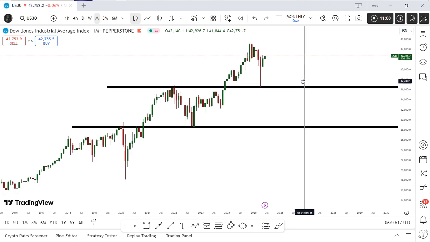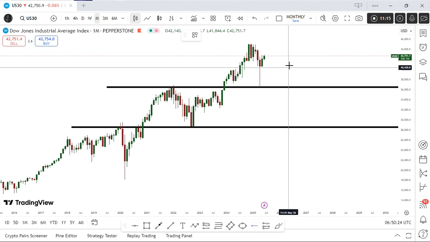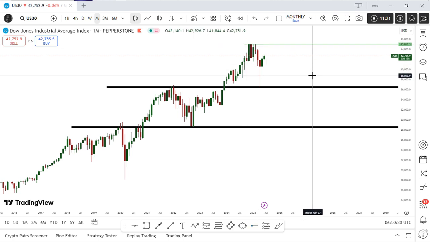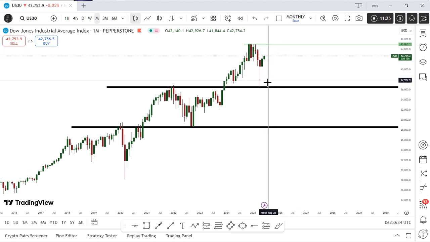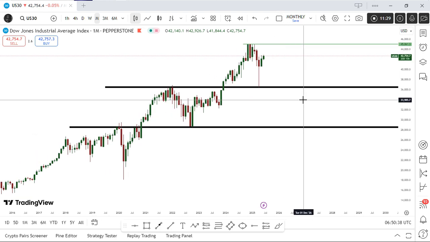Now, this is where it gets interesting. If US 30 wants to make a higher high, at least it will have to come to this zone first. Now it could get here and turn back, or get here and push further to the upside, right?